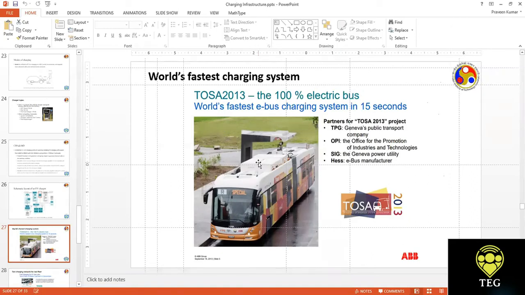So eventually you don't need to carry the heavy batteries with you, but it is driven by supercapacitor, so you don't need to have excess of energy storage. Maybe a 4 or 5 kilowatt hour capacity is enough, because every now and then, every 2 or 3 kilometers, you would have a bus stop, and each bus stop would be equipped with such kind of a flash charger. So that makes the cost of the bus go down.